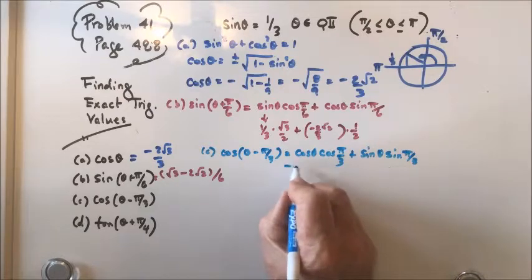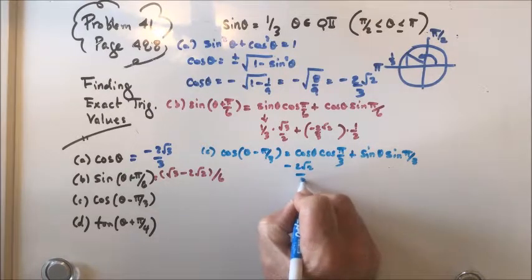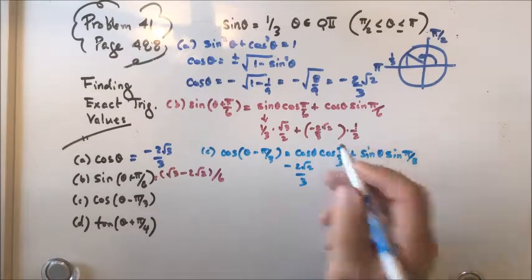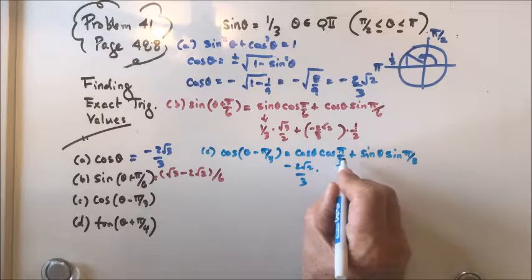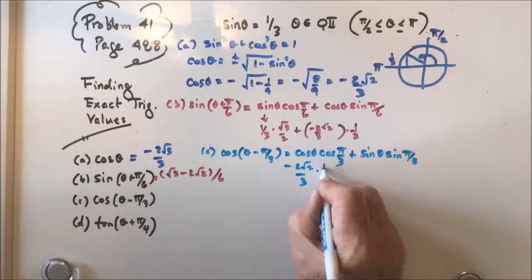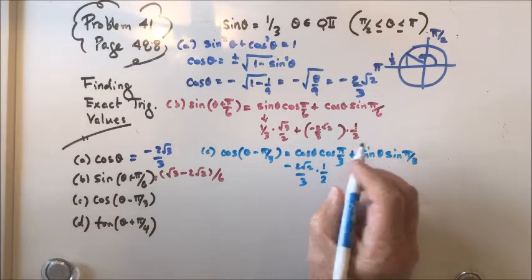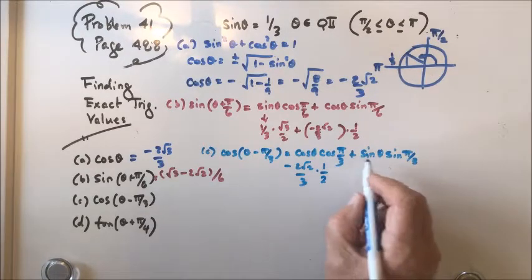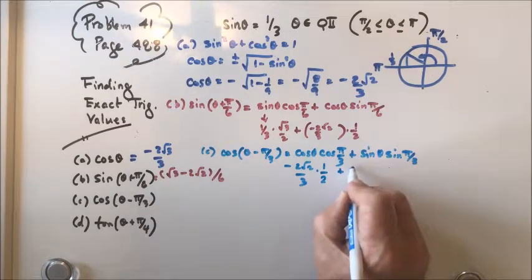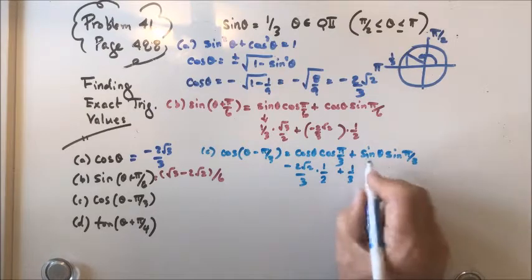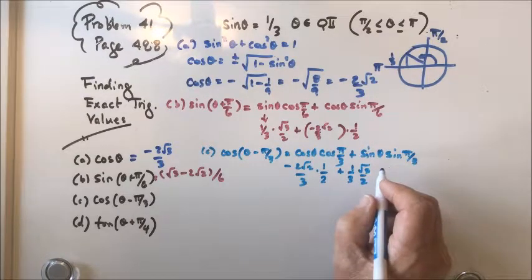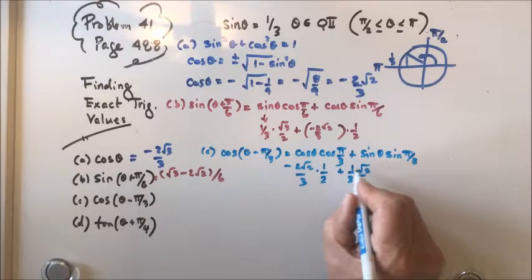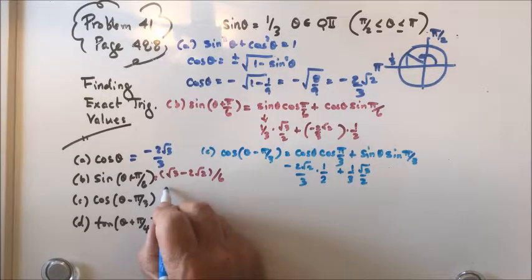Cosine of theta is minus 2 root 2 all over 3. Cosine of pi over 3, that's cosine of 60 degrees, that's 1/2. Plus the sine of theta, which is 1/3, and the sine of 60 degrees is root 3 all over 2. Okay, so look at that, same answer.